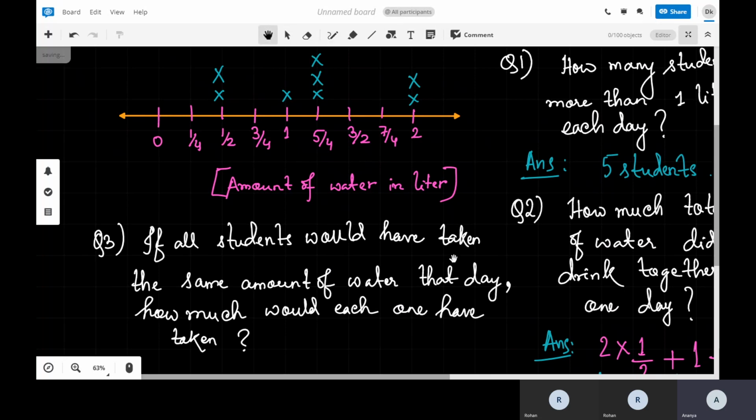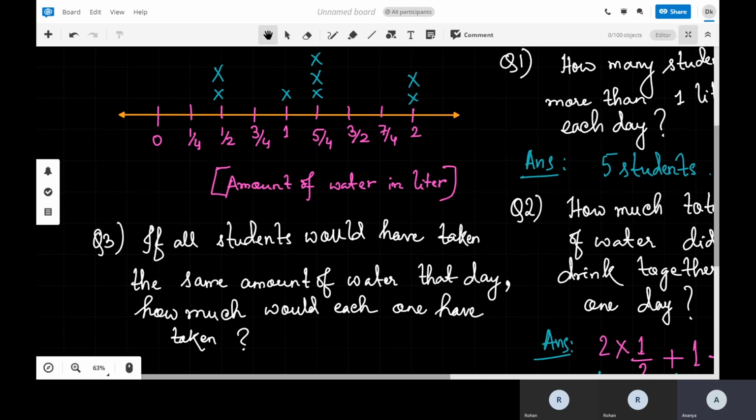Have you understood the question, Rohan? If all students would have taken the same amount of water that day, how much would each one have taken?